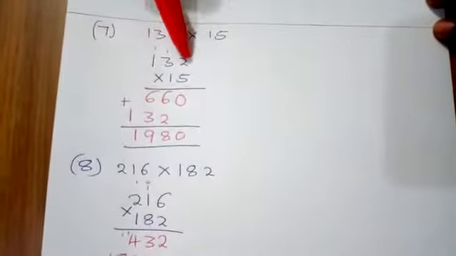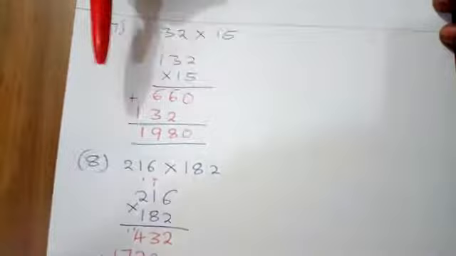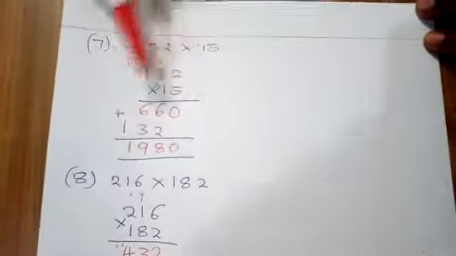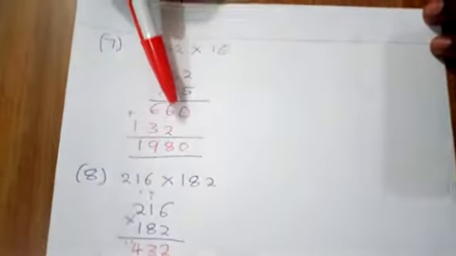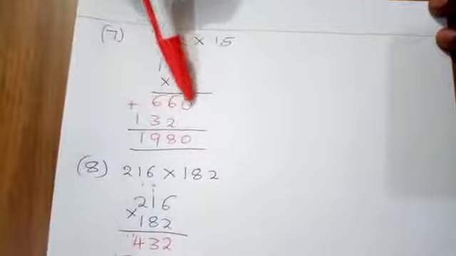So our first group of multiplication is 2 times 5, which is 10. 10, we don't write the whole 10. We write 0, we carry 1 forward.